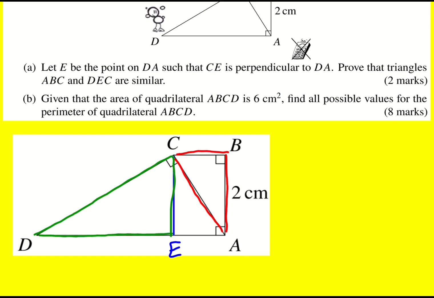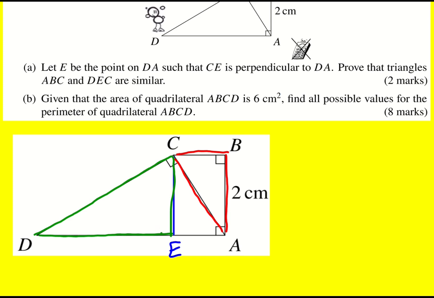Now, there's two ways to prove similarity for a triangle: to show that the sides are in the same ratio, like the same scale factor going from one to the other, or by showing that all the angles are the same, i.e. one is an enlargement of the other one. Now, we only have one side, so it's going to be the angle route we need to go with.